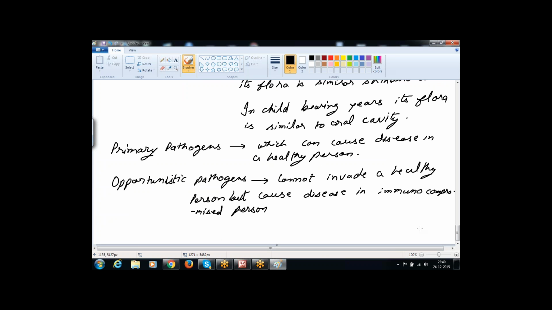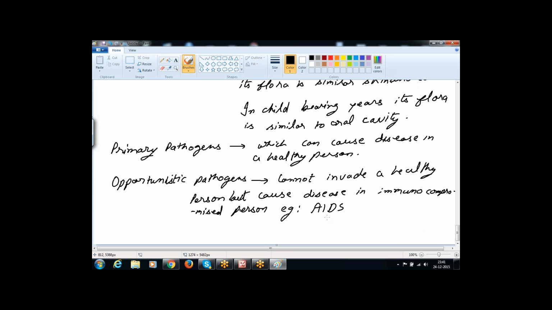So if anybody is immunocompromised, for example, having some immunocompromising disease like AIDS, or any person taking some immunocompromising drugs, there are some medicines which are immunosuppressants.